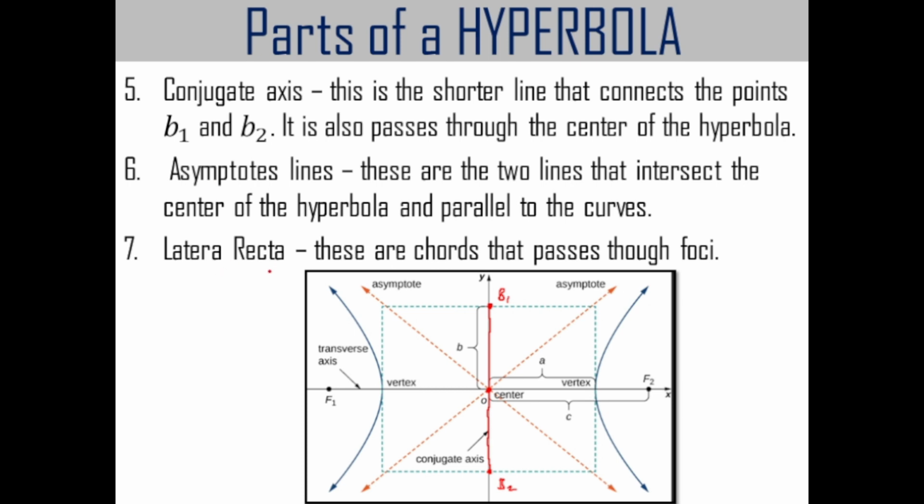7th, lateral recta. These are the chords that passing through foci. Okay? So, dito, hindi na ni-specify yung lateral recta, no? Pero, yung lateral recta ay tatamaan nyo yung ating foci. Okay. Yan po, yung ating lateral recta.